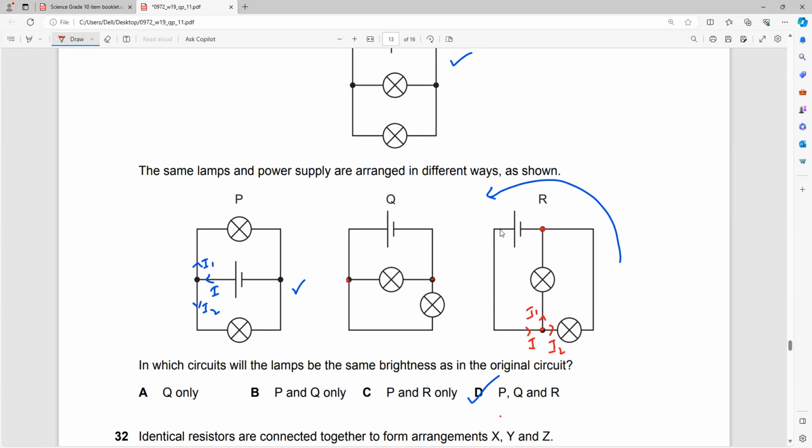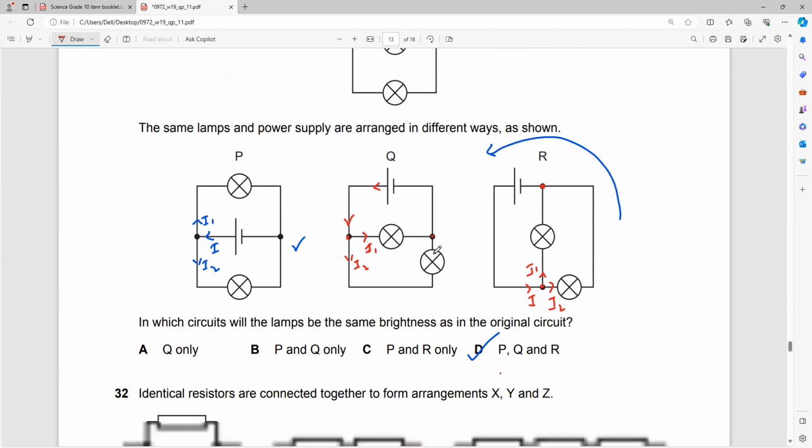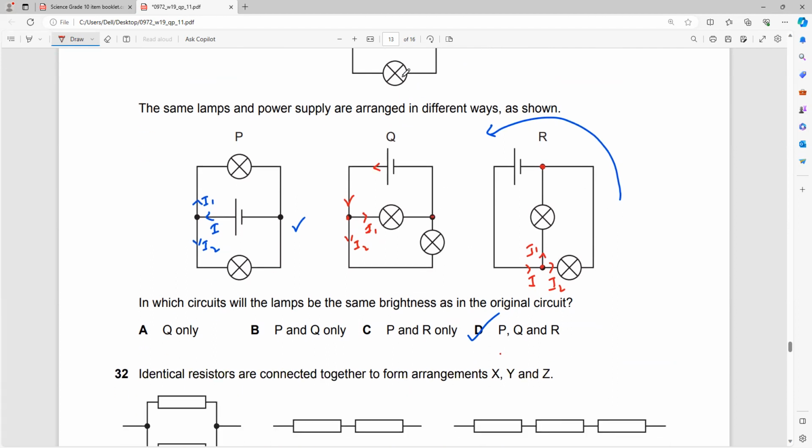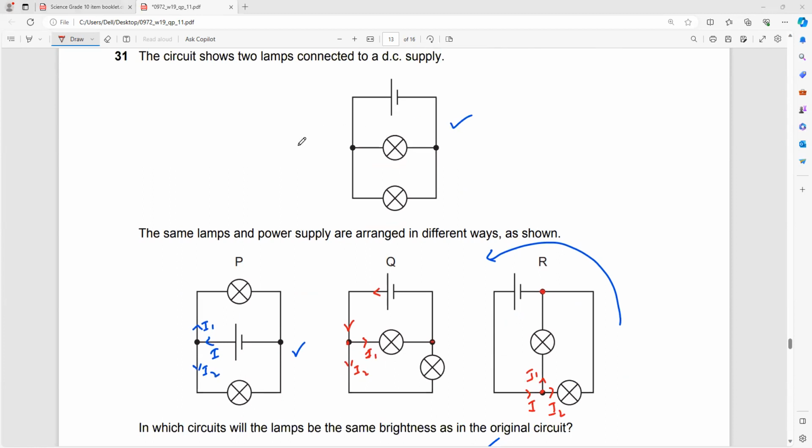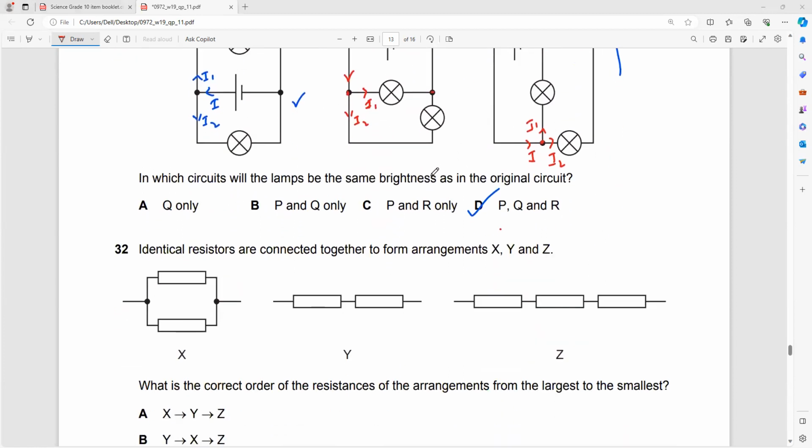Arrows will decide, I1, I2, because everywhere is parallel. So all the bulbs will glow with the same brightness. Do you all understand, everybody? Any doubt, please let me know. Yes, PQR, that's all. D is not there, this is the main circuit. They are giving PQR.